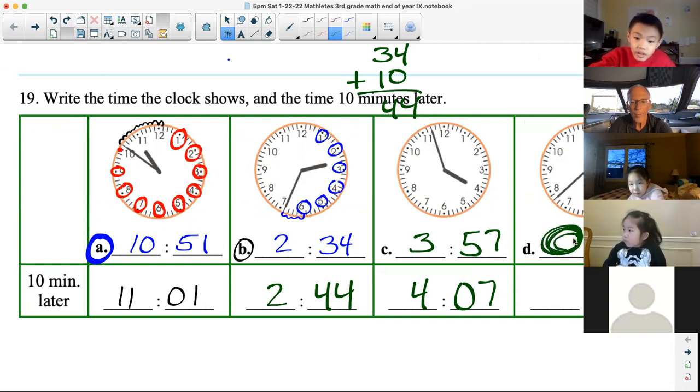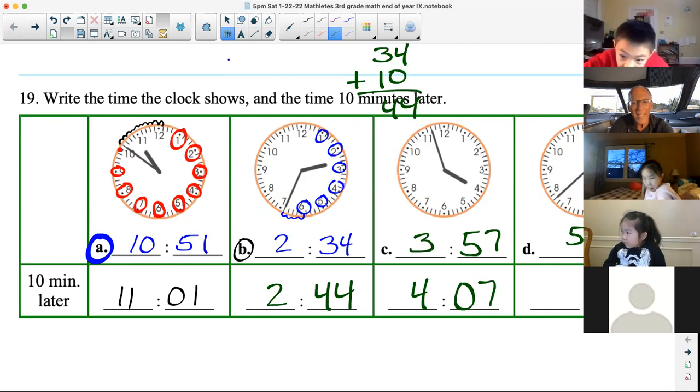What's the hour? 5:38. 5:38 is brilliant. Exactly. 5, not yet 6 o'clock. 30, that's at the 6, 35 at the 7, and then 1, 2, 3 more, 5:38.